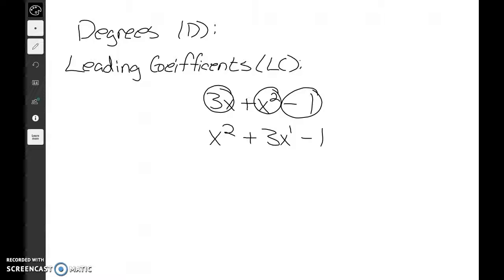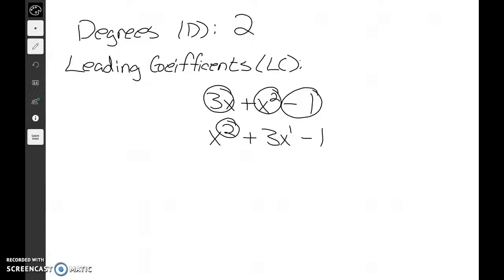Once we have this in order from greatest to least by exponent, we can determine the degree by looking at the highest exponent. Here the highest exponent is the first one, which is 2. So the degree is going to be 2. The leading coefficient is the number in front of the highest exponent.